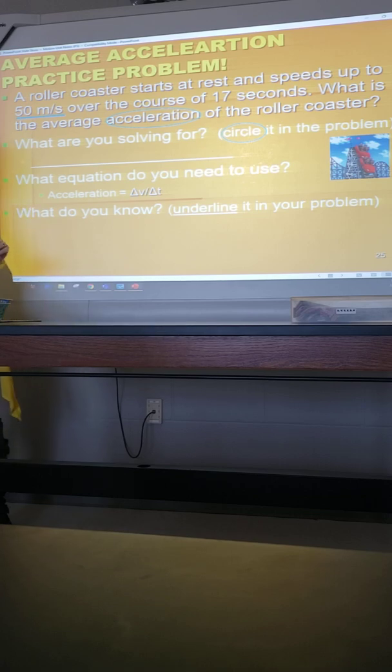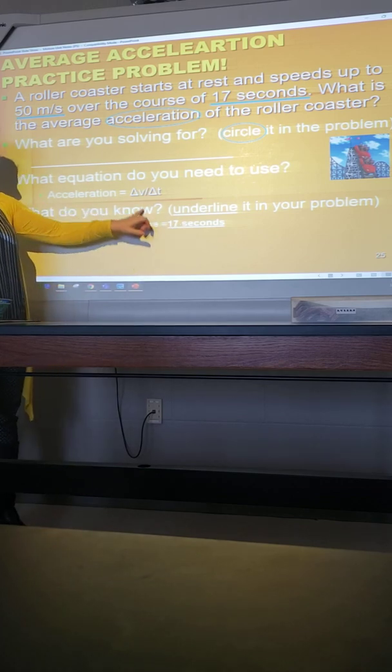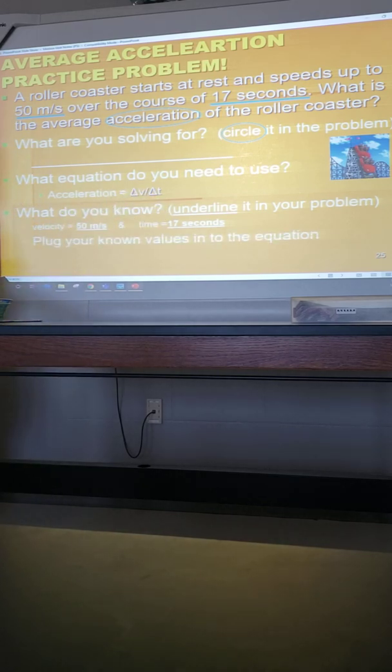Cool, 17 seconds. Good. So our velocity is 15 meters per second. Our time is 17, which is great because those are the two variables we need. Now we just plug them in. We take 15 meters per second divided by 17 seconds, and the number is 2.9.